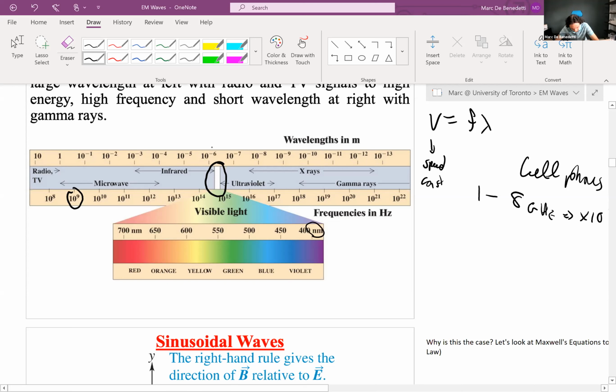So this is going to be around 700 times 10 to the minus 9, which, if you simplify it, is around 7 times 10 to the minus 7, right? Because 700 is 2 orders of 10, so add that onto the minus 9. So infrared is sort of beyond 700 nanometers. So 800 nanometers is considered infrared, very close to visible, but still considered infrared.